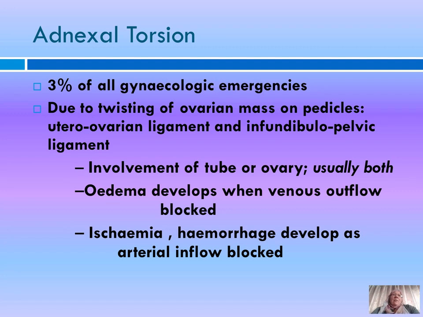And this is an involvement of tube or ovaries, or usually both. And as subsequently edema develops, when the venous blood flow outflow is blocked, the arterial flow towards the adnex is still working, because the venous blood flow gets blocked first, and only very much down the line of this emergency does the arterial blood flow also stop or get disrupted.